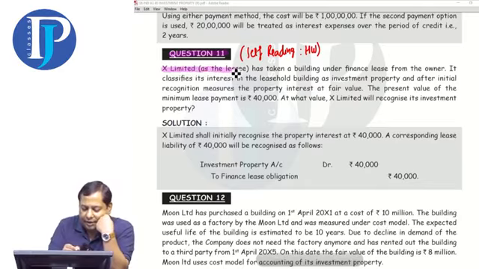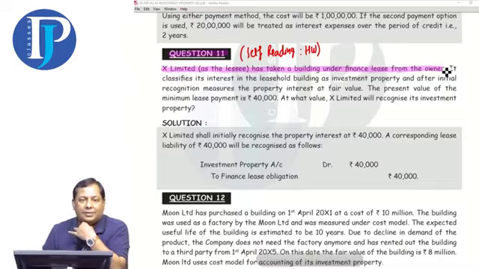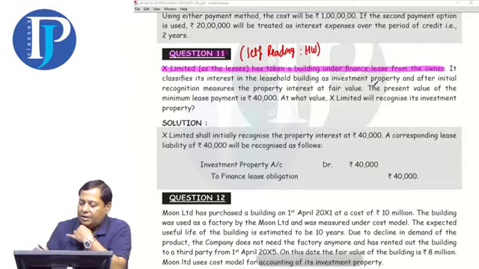X Limited, as the lessee, has taken a building under a finance lease from the owner. A building is taken on finance lease by the lessee. And we have been given the present value of the minimum lease payments, 40,000.